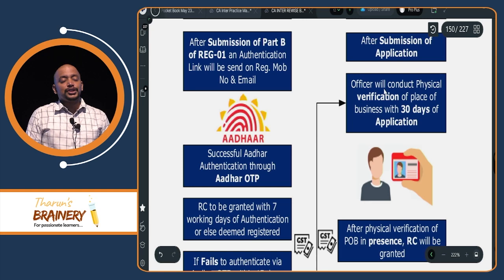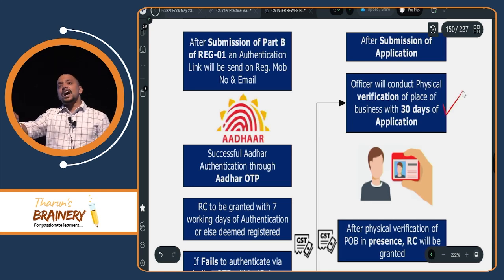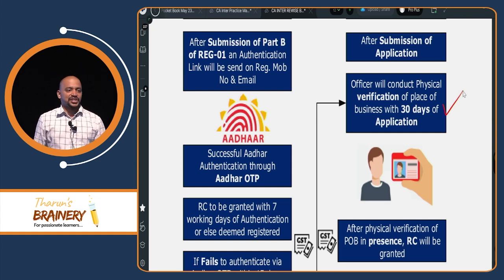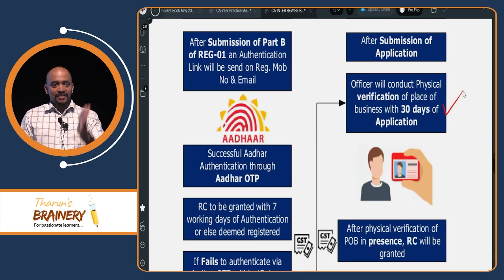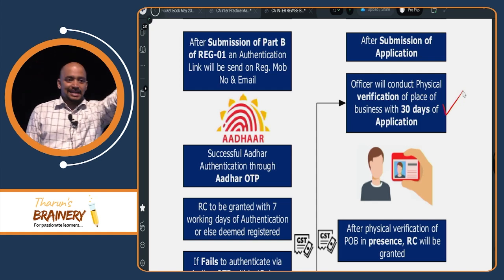Now, suppose you make application without authentication, or made application with authentication but not completed it within 15 days, in these two cases, they will grant registration only after conducting physical verification at the place of business. So the officer will come, verify the premises, and then only give the registration certificate. What is the time limit for that? 30 days.